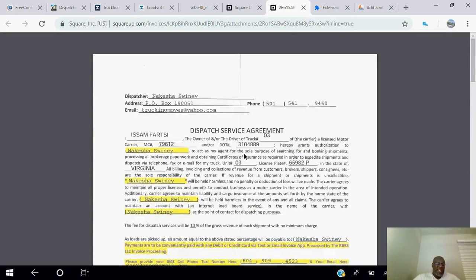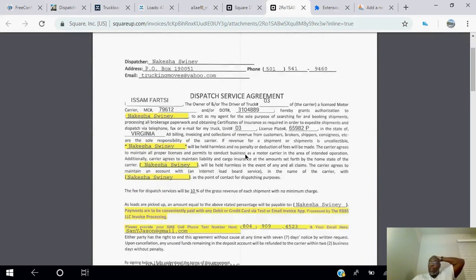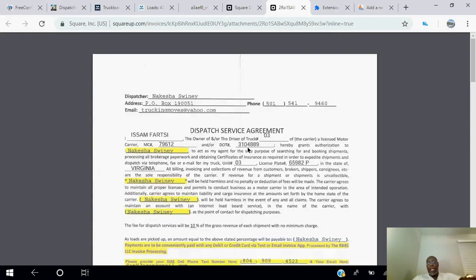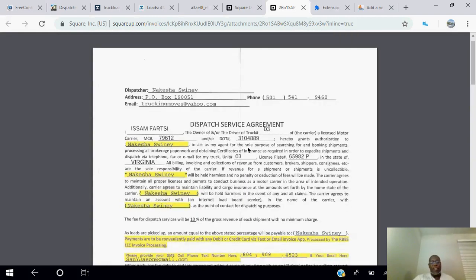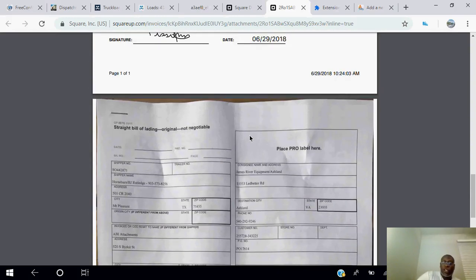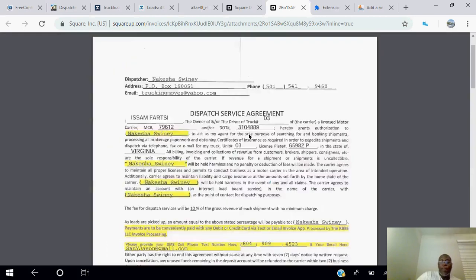Because when you send over your invoice to your carrier, you're supposed to have all this stuff attached to it. Okay, and I'm going to get to that in a second. But you're supposed to have the signed rate sheet and the BOL. See how that is? This is what you should be sending with your invoices.